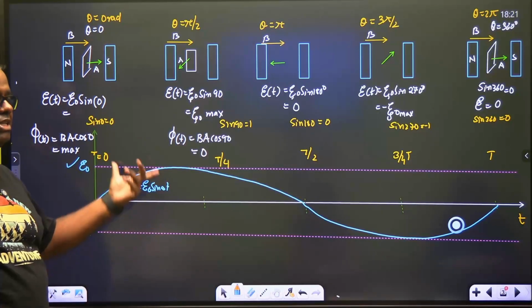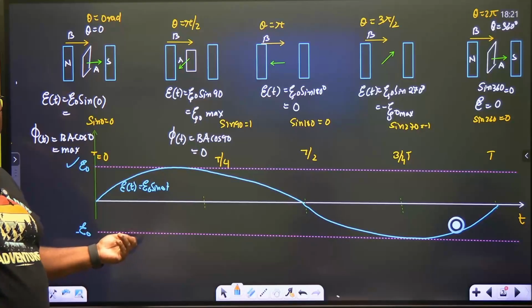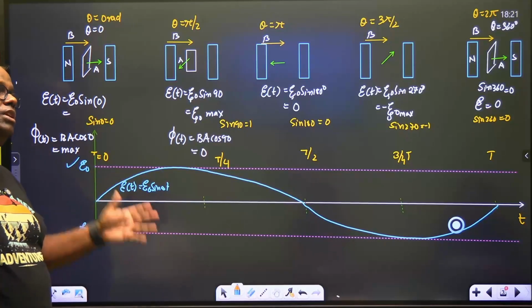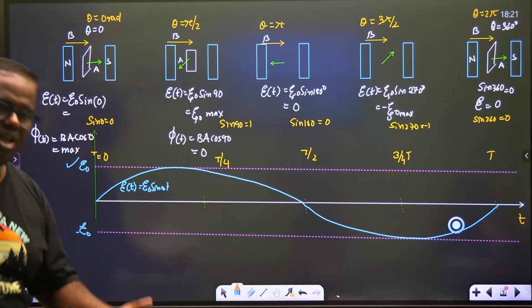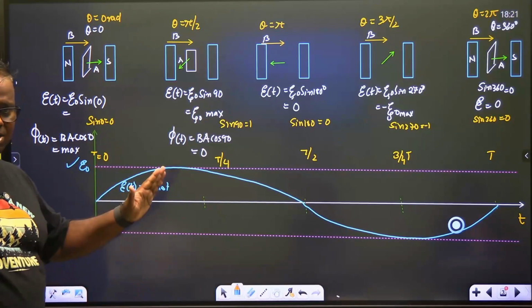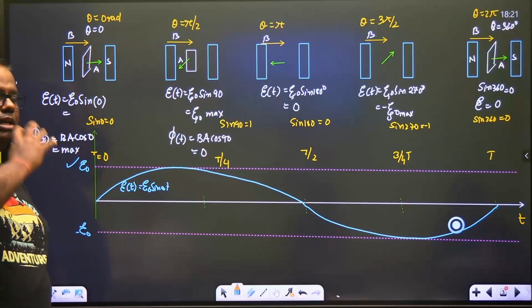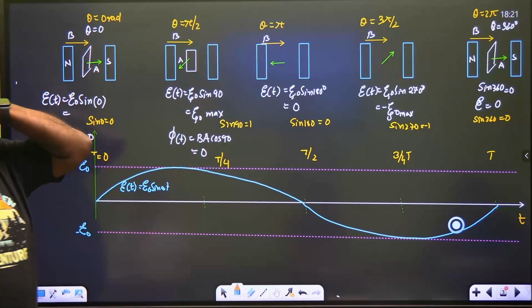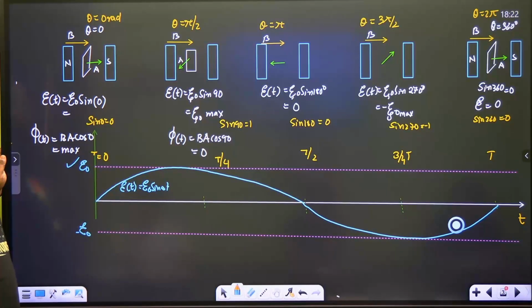Inductance tells you how much net flux builds up per unit current. And from there we came to the definition that EMF is always minus M di by dt or minus L di by dt. These things will come in the next chapter. So EMF is a function of magnetic flux, and EMF can also be said as inductance into the derivative of current, equal to minus L di by dt. That will come up in our next chapter.